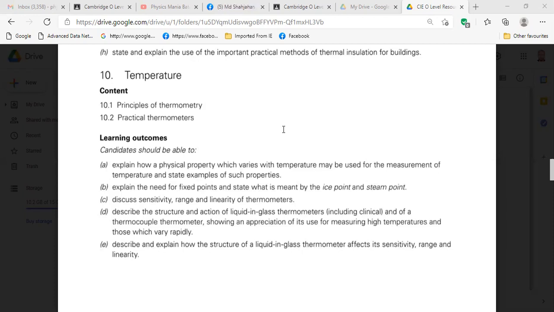Now not only is it happening for liquid, it's also happening for electrical components. Like you will get it when we'll discuss the electricity and magnetism topics. There is one device that is known as thermistor.